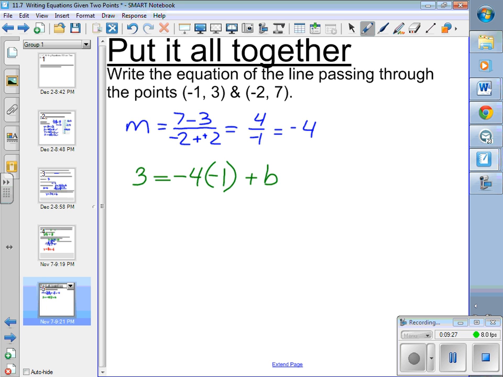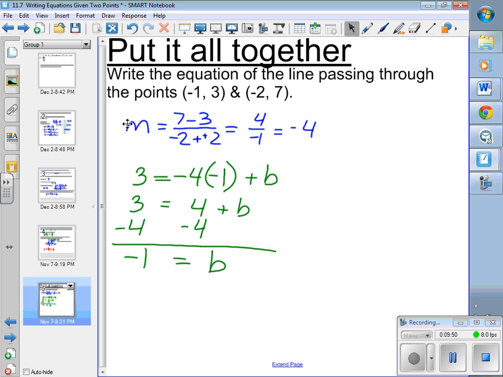So -4 times -1 gives us +4 plus our b. So 3 equals 4 plus b. I subtract 4 from both sides, and I'm left with -1 equals b.